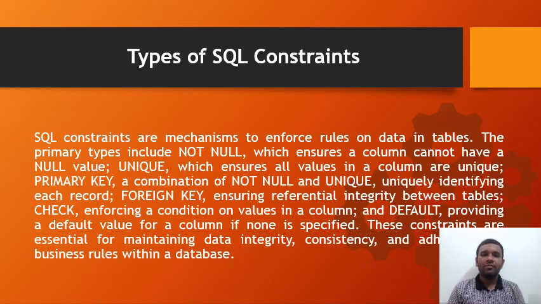The next one is types of SQL constraints. SQL constraints are mechanisms to enforce rules on data in tables. The primary types include not null, which ensures a column cannot have a null value; unique, which ensures all values in a column are unique; primary key, a combination of not null and unique, uniquely identifying each record; foreign key, ensuring referential integrity between tables; check, enforcing a condition on values in a column; and default, providing a default value for a column if none is specified.